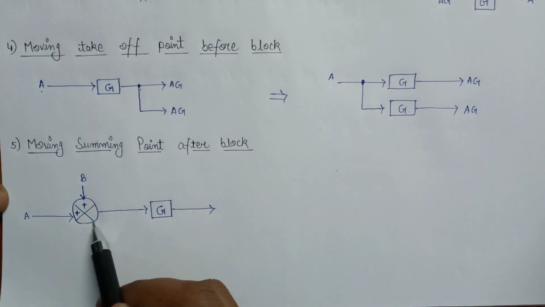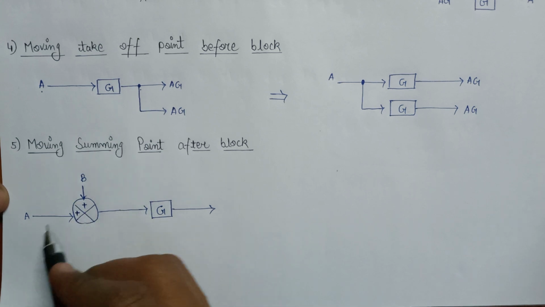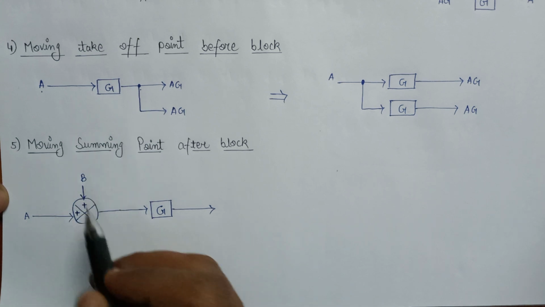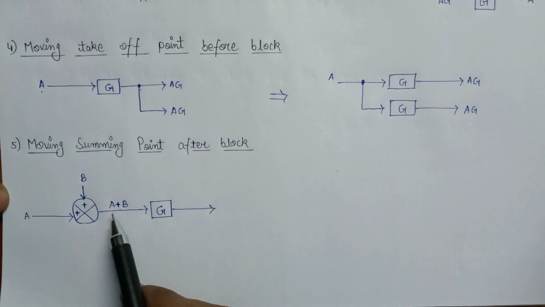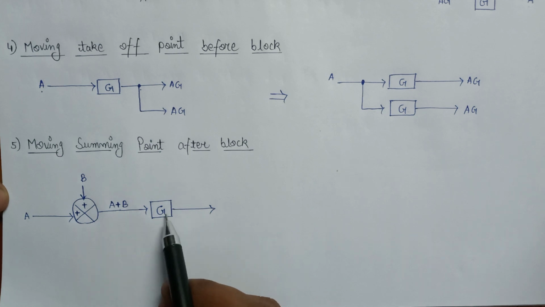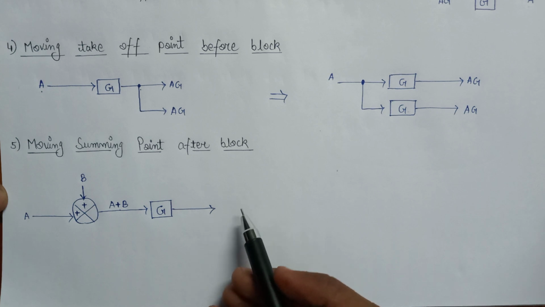So here is the summing point. Here we get the sum of the A and B signals, so here we get A plus B. This A plus B is now multiplied with this gain G. So what will we get in the output?